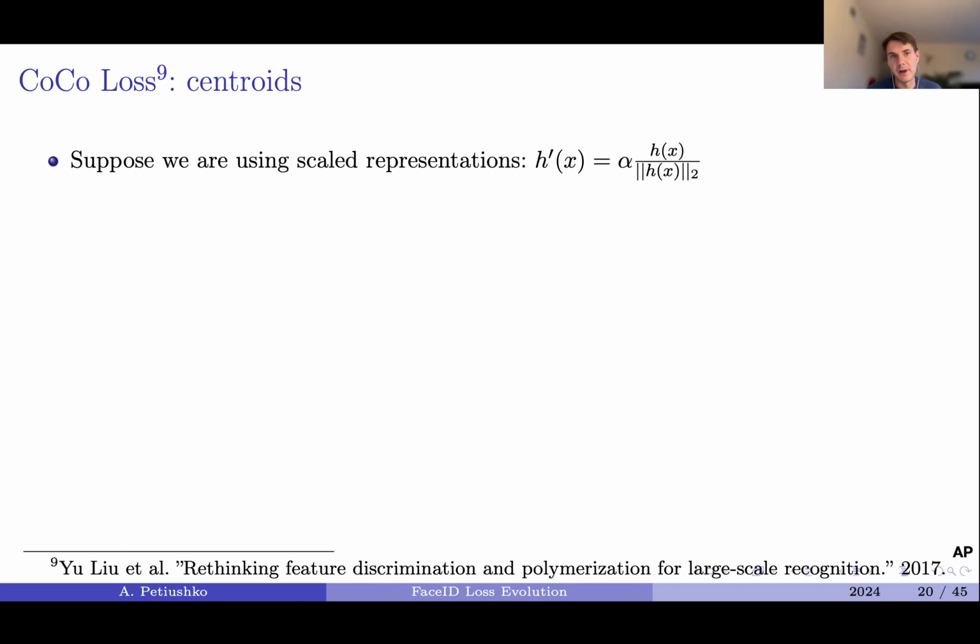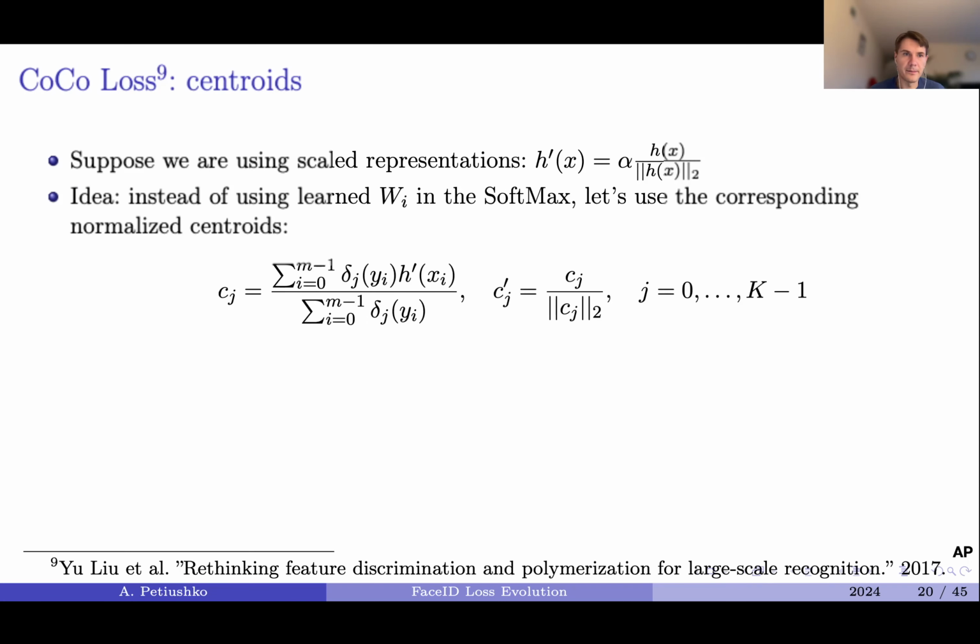One more interesting paper, which is called COCO loss, is based on the centroids concept. Suppose we are using the scaled representations, again, remember h prime of x, alpha multiplied by the normalized representations of h of x.